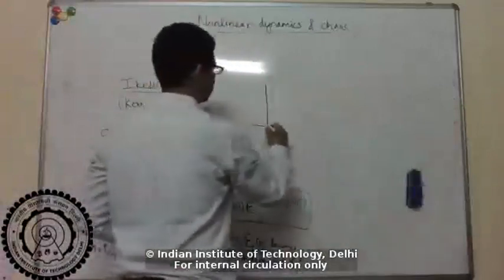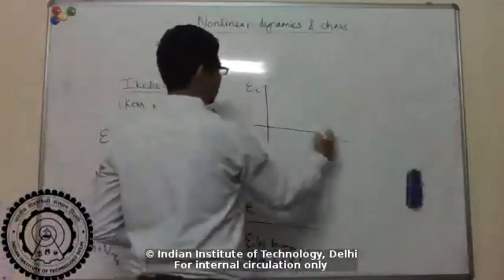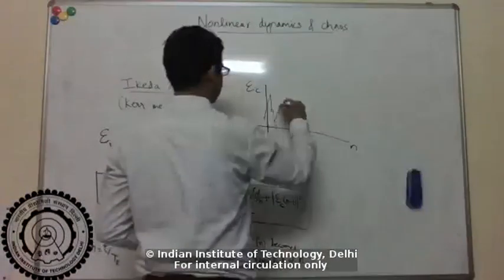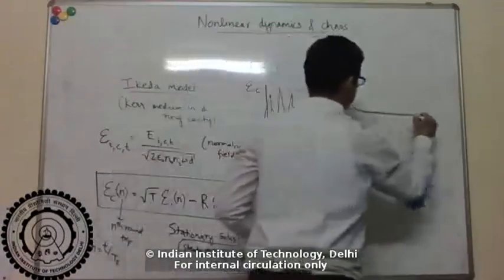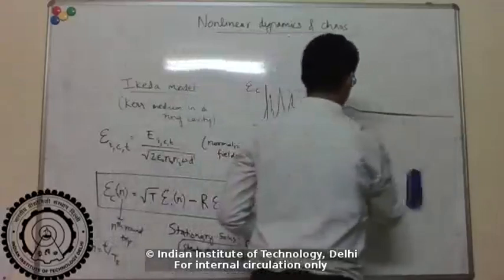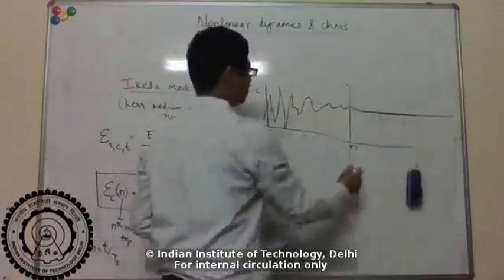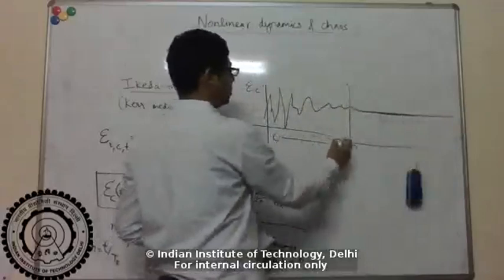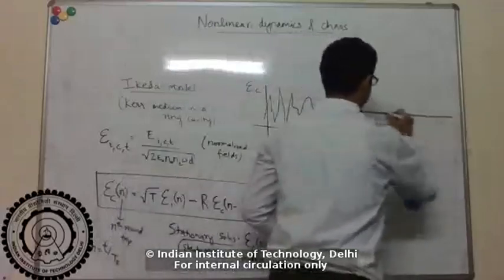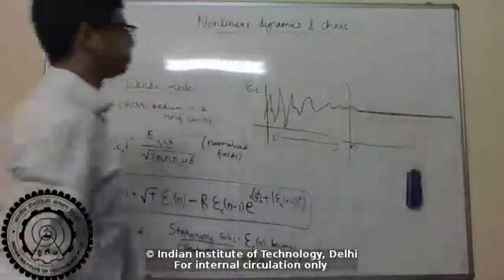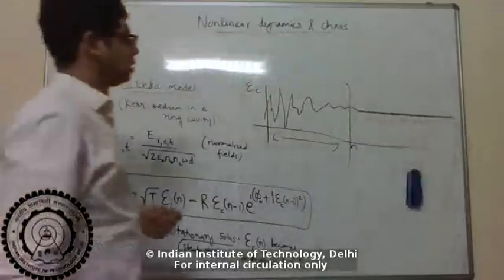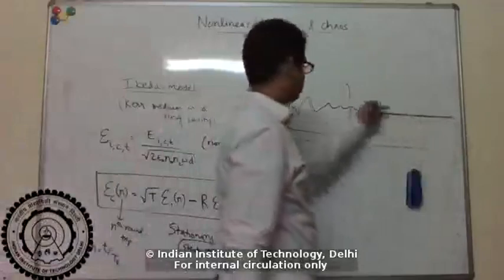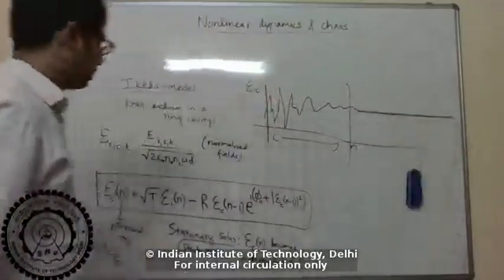So let's say if I'm plotting EC as a function of n, initially there are some fluctuations, but eventually it settles to a constant value. After some initial settling time, it just becomes a constant.